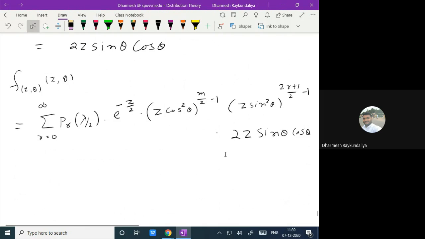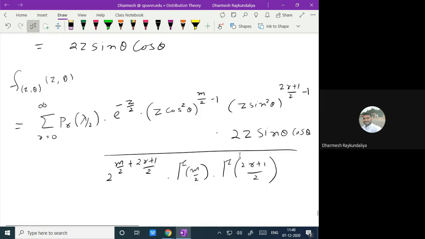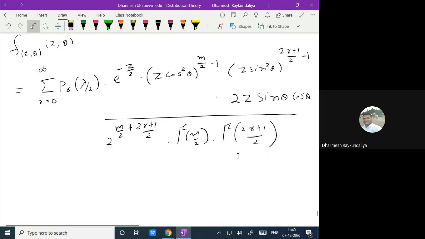And divide by, what is the divide by? Here it was a 2 raised to m by 2, and here it is a 2 raised to (2r plus 1) by 2, so I can just add it, 2 raised to (m plus 2r plus 1) by 2 into gamma m by 2, and here it is gamma (2r plus 1) by 2. Can we write? Yes or no?